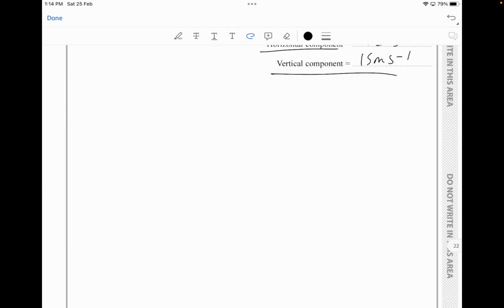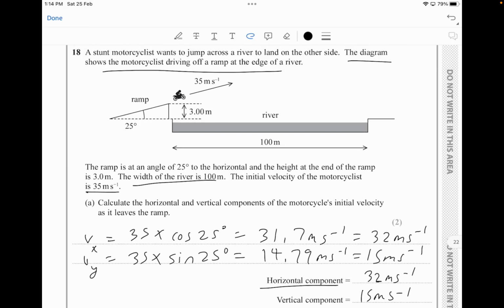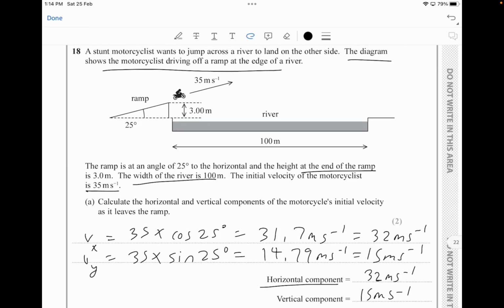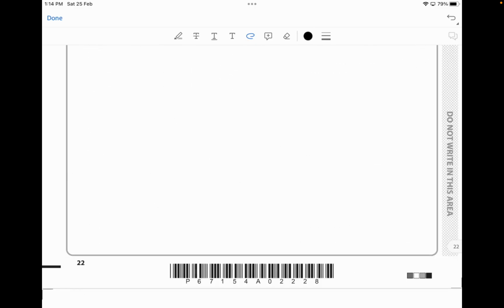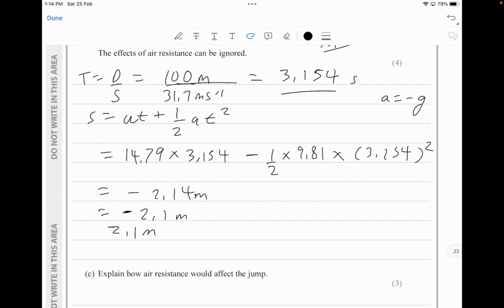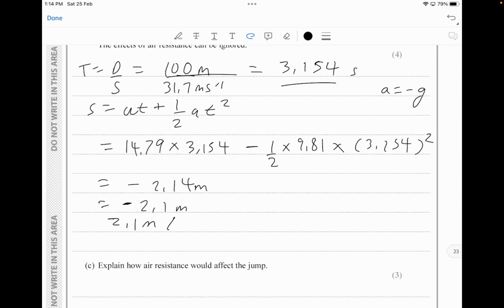We know that 2.1 meters, and we look above in the question, and the height of the end of the ramp is about 3.1 meters. So the rider is most likely to land on the other side. So 2.1 meters is less than 3.0 meters. So the rider lands on the other side of the river.